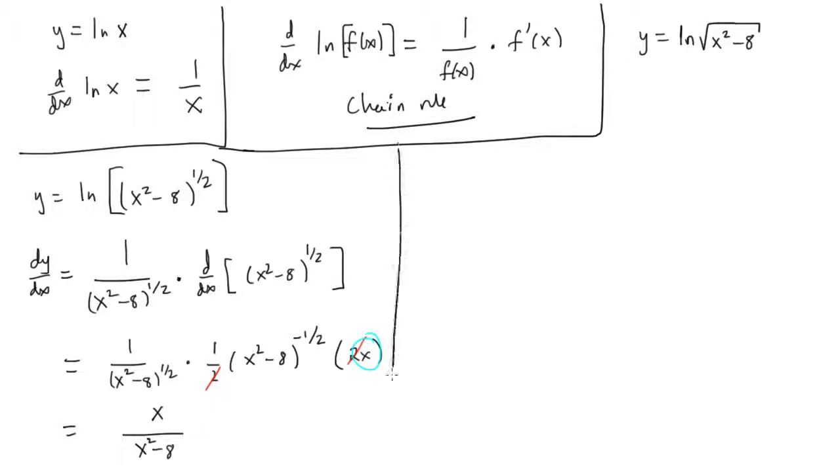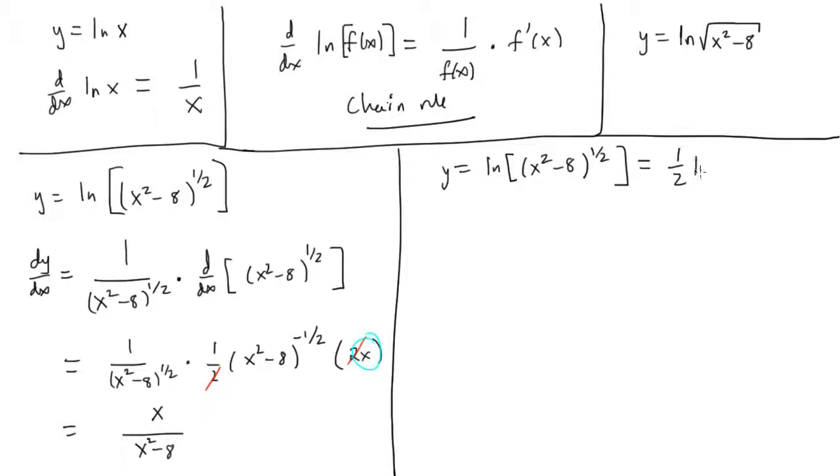Okay, so let's do this in a slightly different way. The first step here is, let me just rewrite the function. And you may have actually thought to do this when I rewrote the function like that, because you probably noticed, hey, this exponent, I can actually bring that out front of the logarithm. And so the function that we're dealing with is in fact the same as this function here.